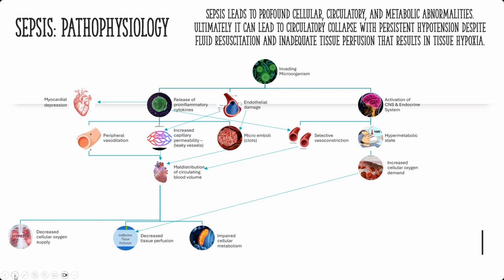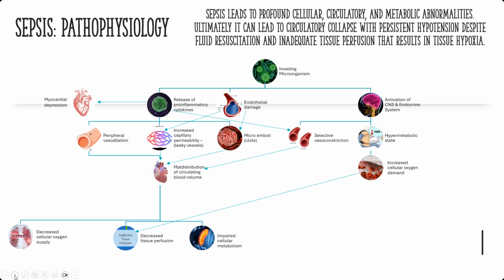All of the above problems listed on the slide are going to lead to an increase in oxygen demand with a limited supply. So eventually, the body is going to activate the CNS and the endocrine system. It's going to go into this hypermetabolic state, in which the cells have an increase in oxygen demand and a decrease in tissue perfusion, and the body's not going to be able to keep up with the oxygen demand.